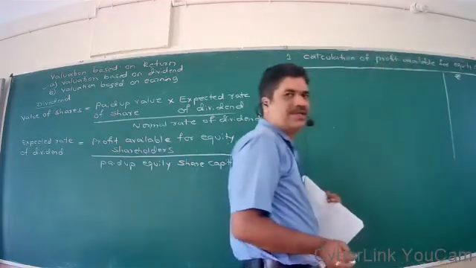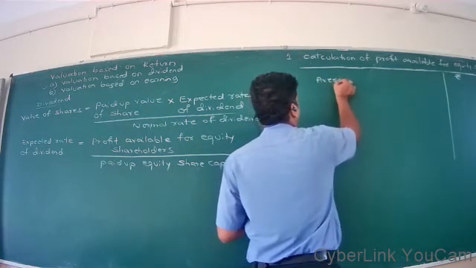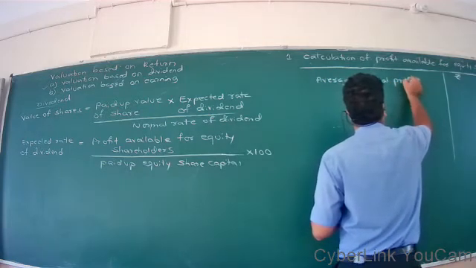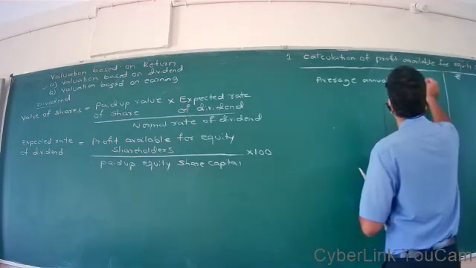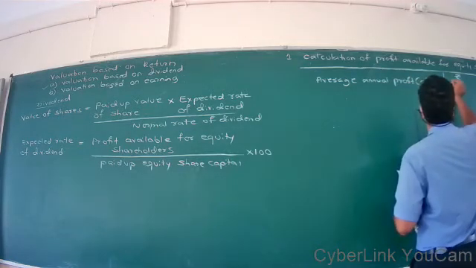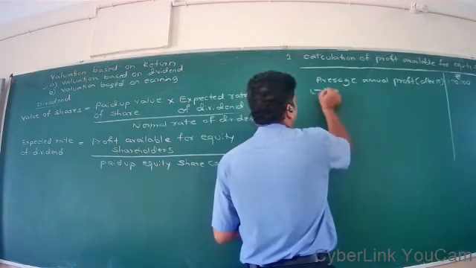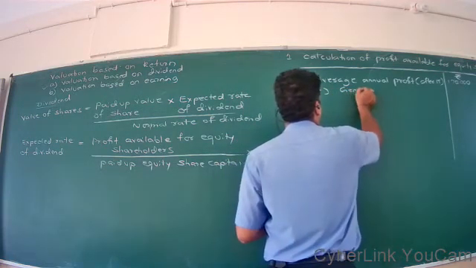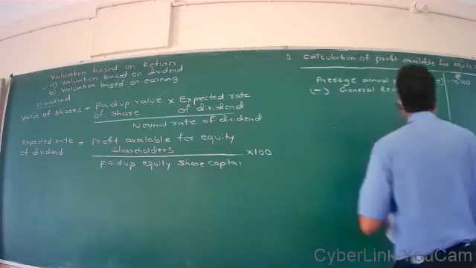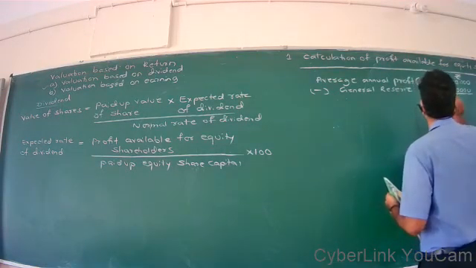So, particulars and amount in rupees. First, average annual profit after income tax: 1,70,000, minus transfer to general reserve: 20,000, so 1,50,000.